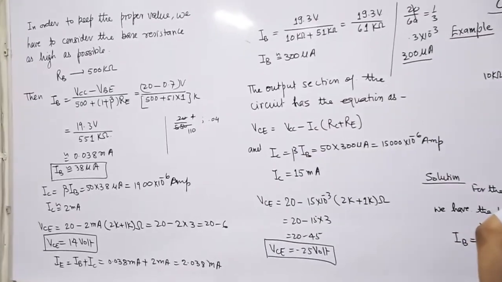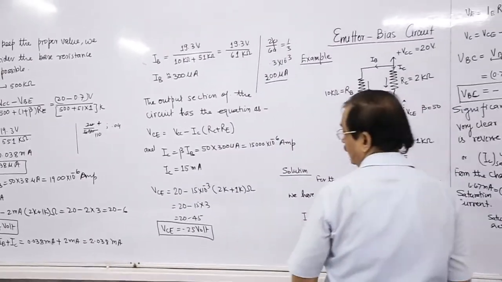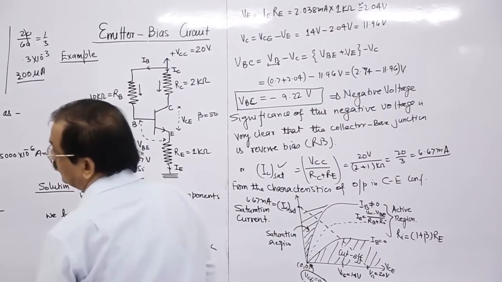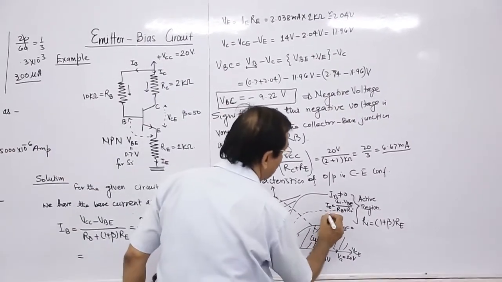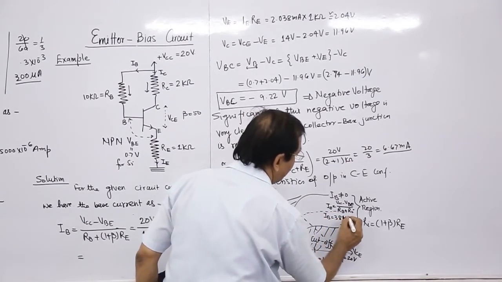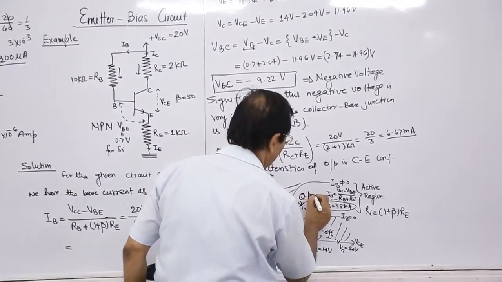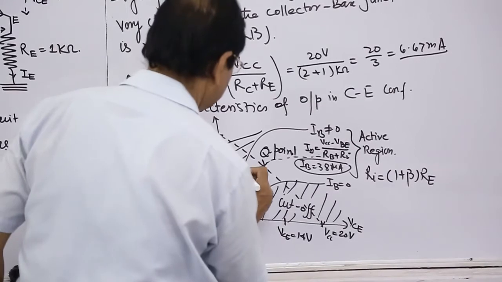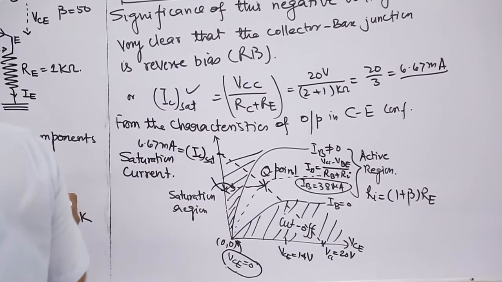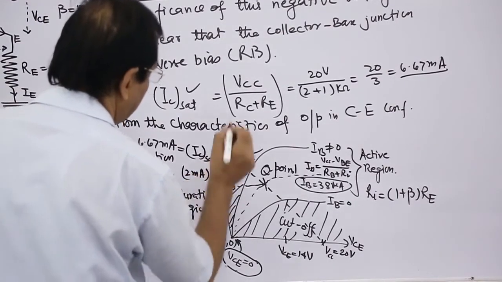And the corresponding IB is equal to 38 microampere, and this point is the Q point, and this is the corresponding current, which is nothing but 2 milliampere.